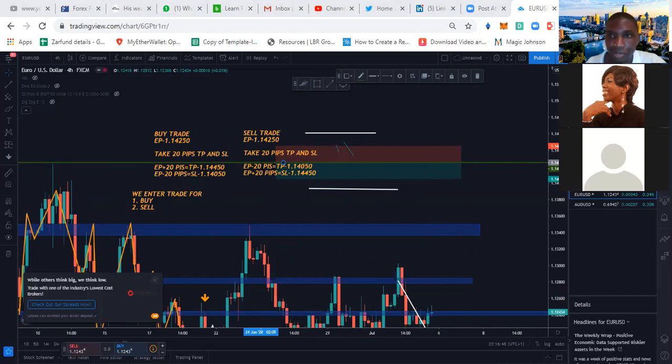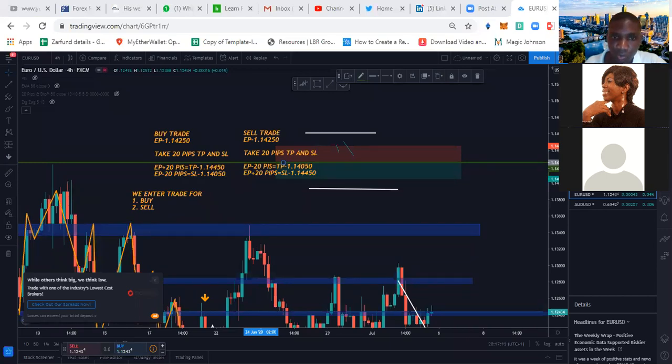Each candle formation per time is telling you what price is doing for that time. Whenever a candle closes in the red, what does it mean? Take note, this is red, this is green. We are saying black and white, but let's look at it as red and green.